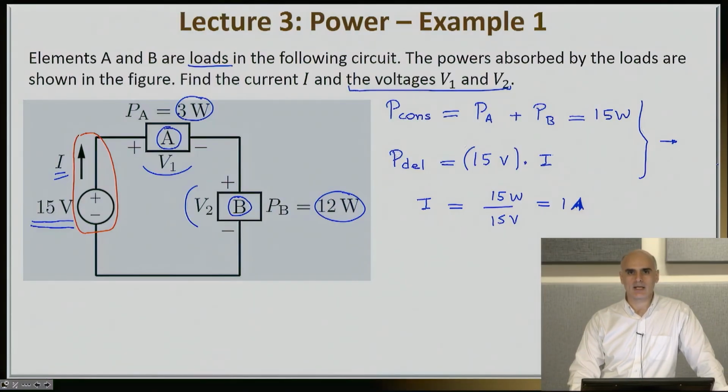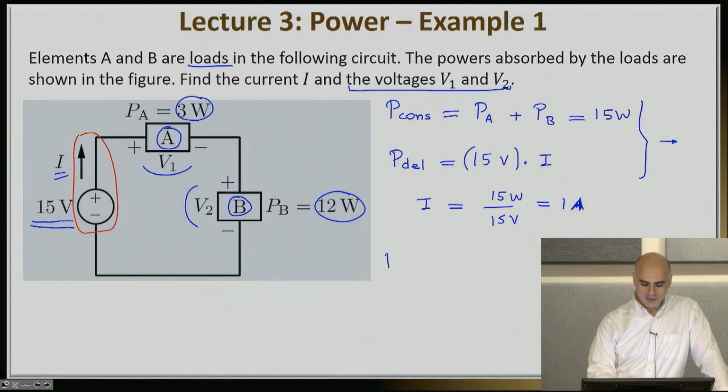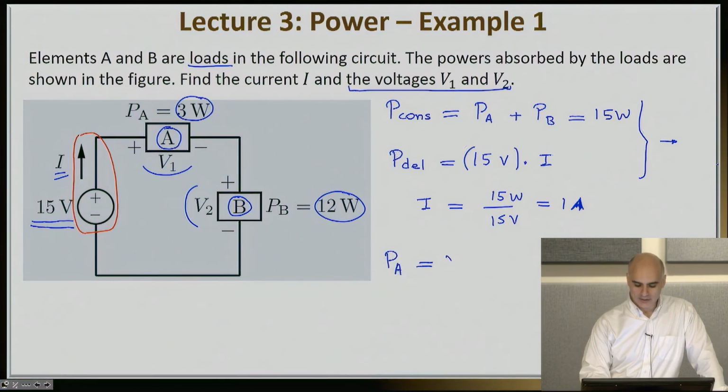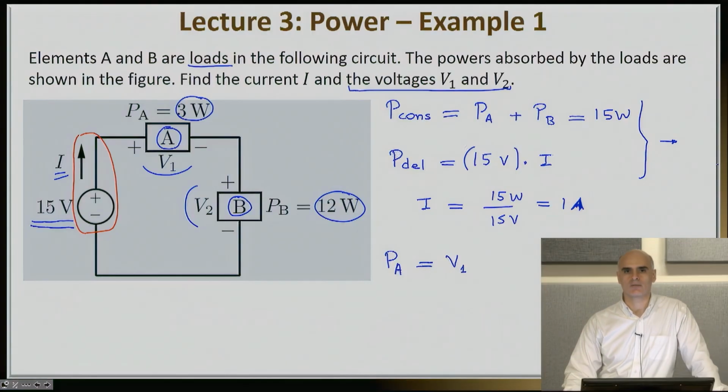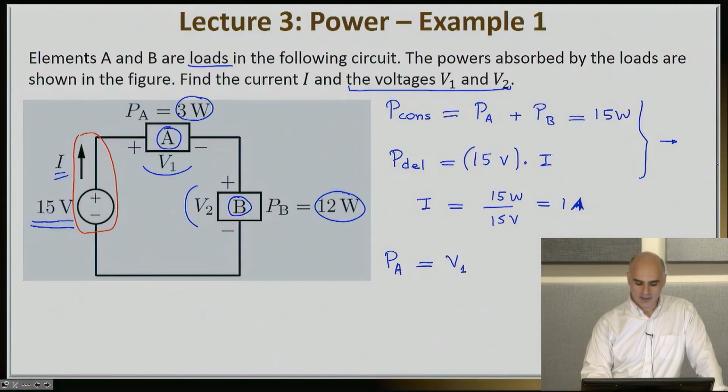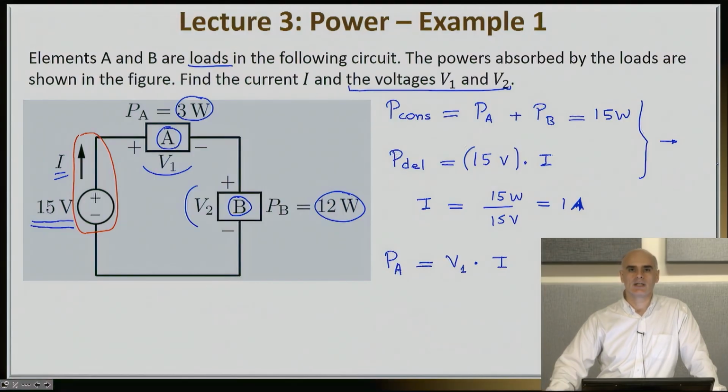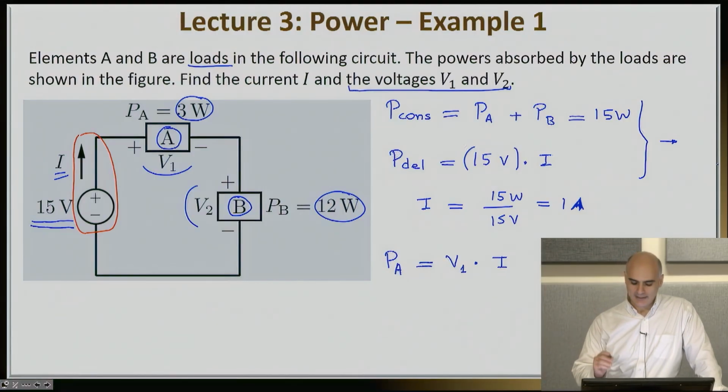Well, we can again solve this problem from an energy or power point of view. The power consumed by load A should be equal to the voltage difference across its terminals, which is here indicated as V1, times the current I that flows through this load A, provided that I have passive sign convention.